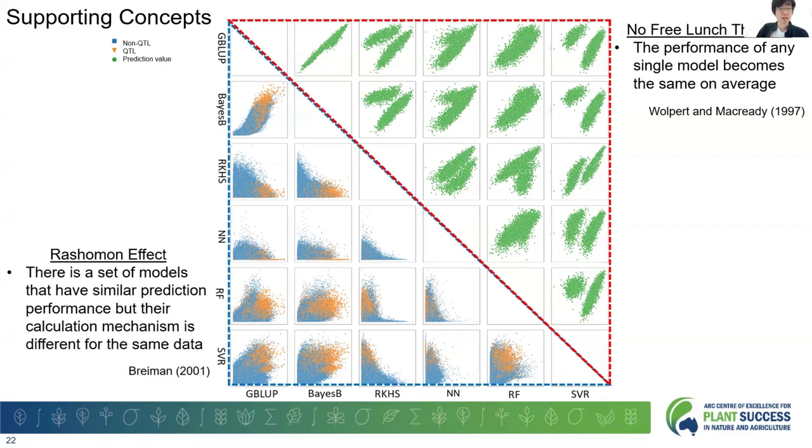And the bottom part is supported by the concept called the Rashomon effect, saying that there's a set of models that have similar prediction performance, but their calculation mechanism is different from the same data. So by those two key findings, we can find the strength of the ensemble approach.